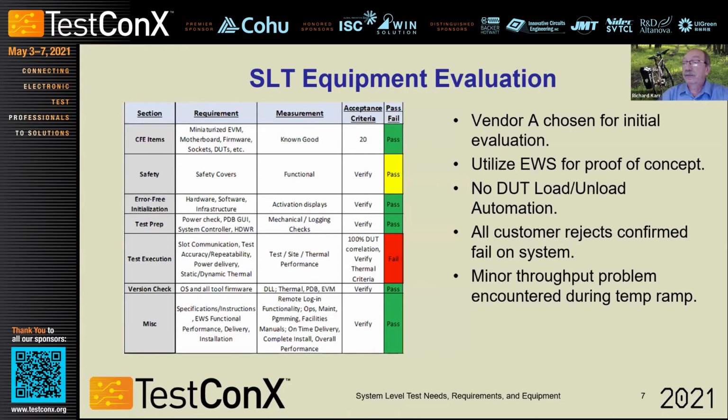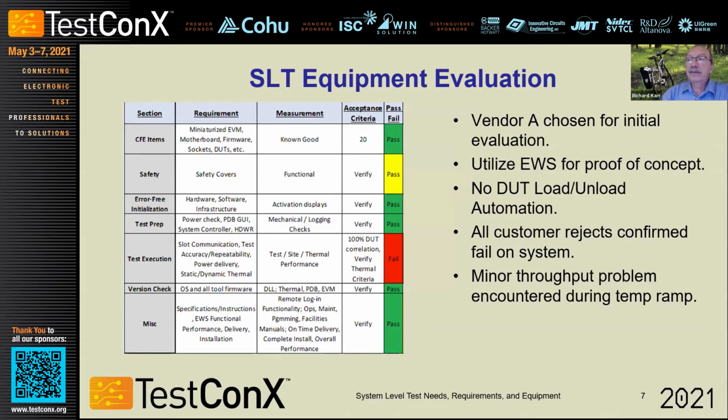So we pretty much were able to prove out our concept. That red fail there on the test execution relates to a minor miss on the temperature transition time requirement that we had placed on the system. The DUT performance came out perfectly, flawlessly.